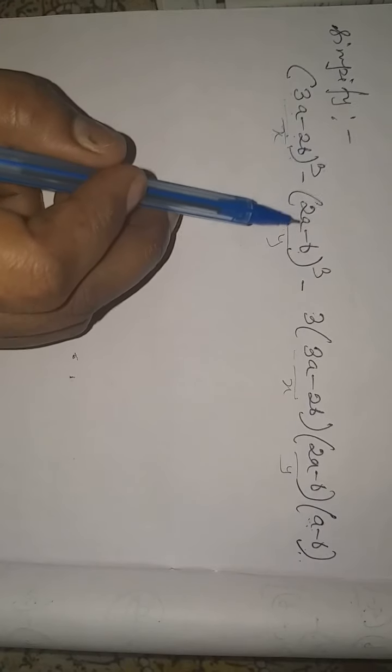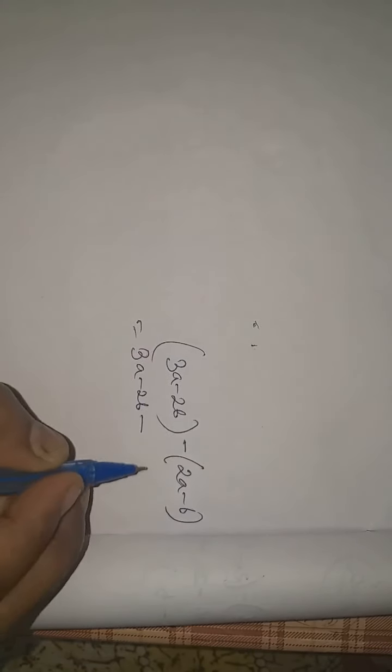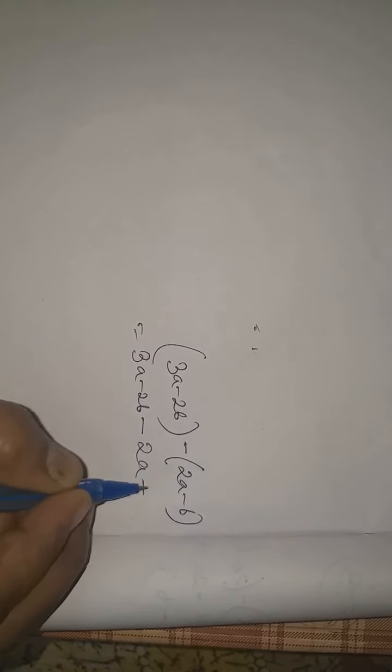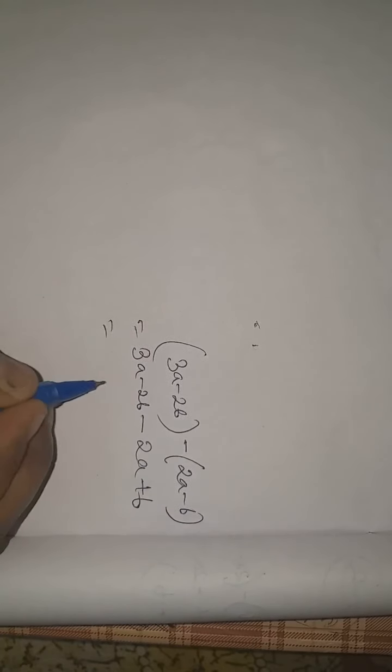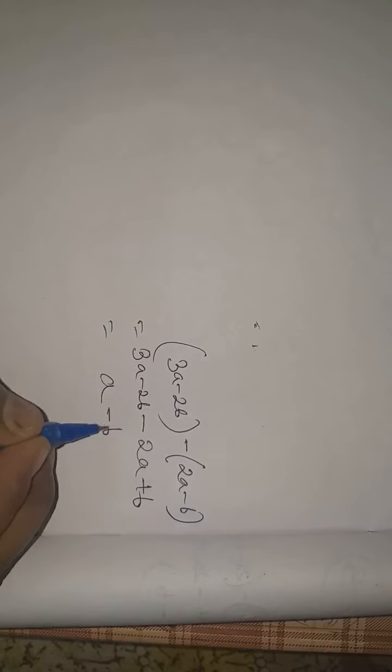Now you have to check whether you can write a minus b in the form of 3a minus 2b minus (2a minus b). So 3a minus 2b minus (2a minus b) is equal to 3a minus 2b minus 2a plus b. So this is a minus b, right?